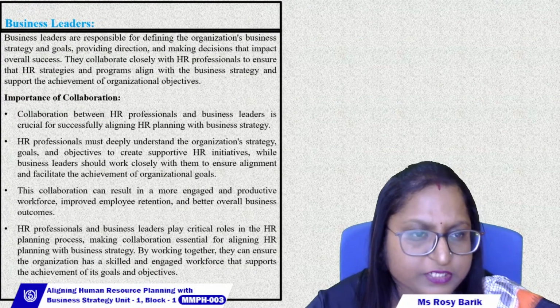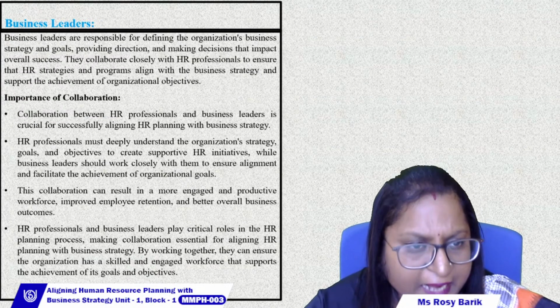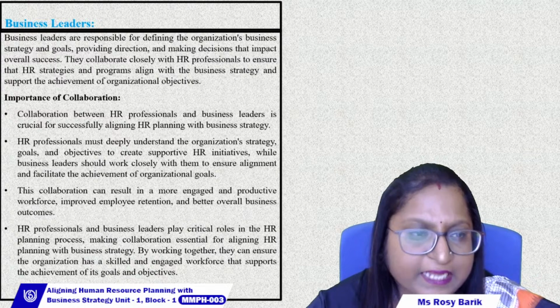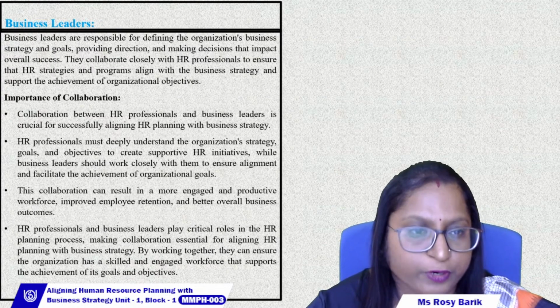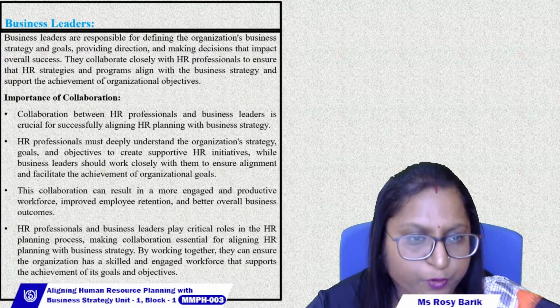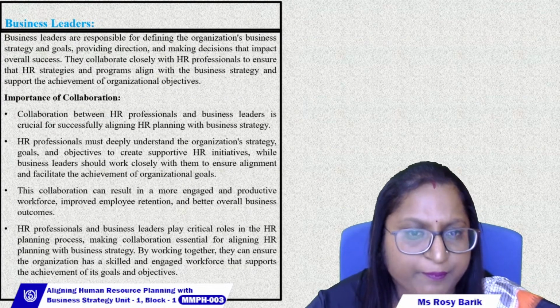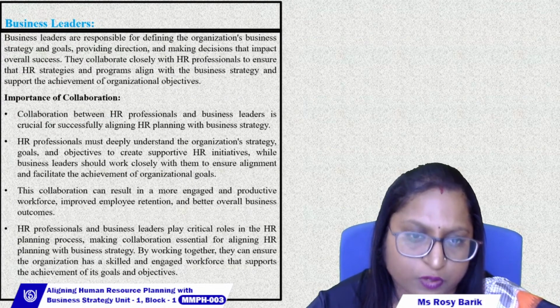This collaboration can result in a more engaged and productive workforce, improved employee retention, and better overall business outcomes.